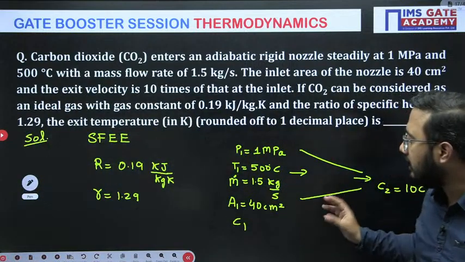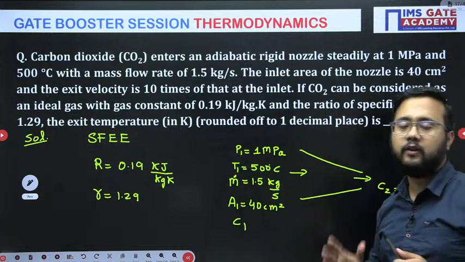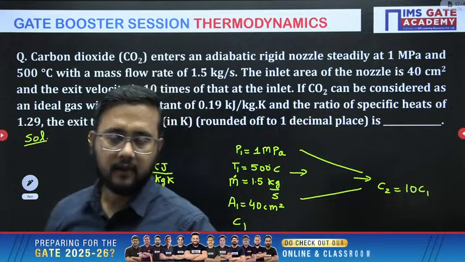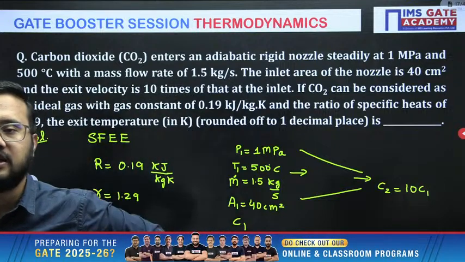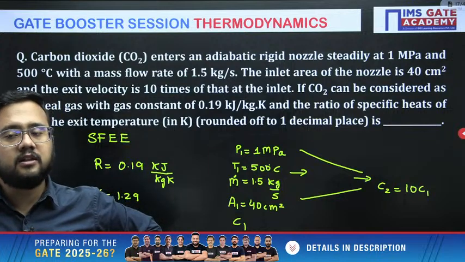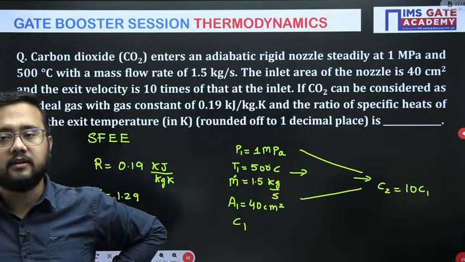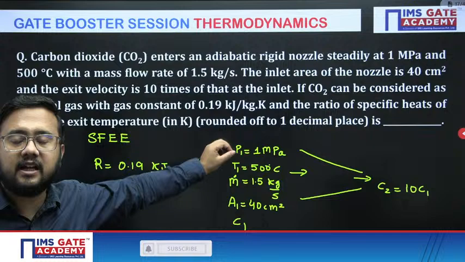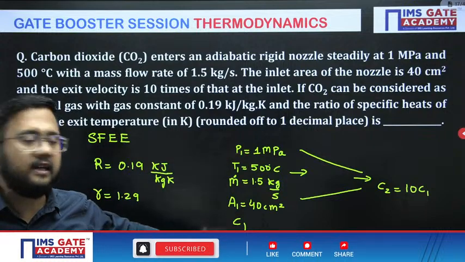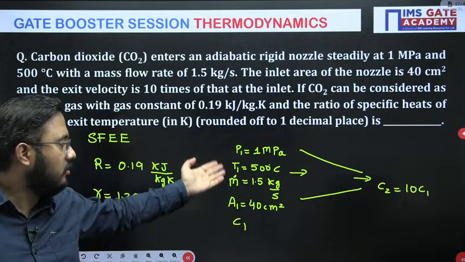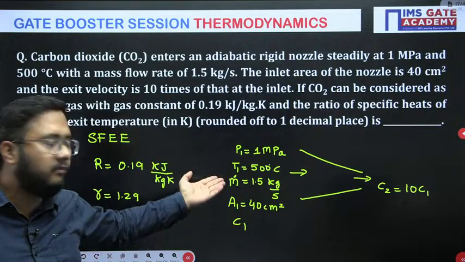How to calculate inlet velocity? Just tell me, Aditya, what will be your approach? Which relation, which formula are you going to use here? Just check in the inlet what data is given, which data will help you calculate the inlet velocity C1. Pressure, no. Temperature, no. Area, mass flow rate.